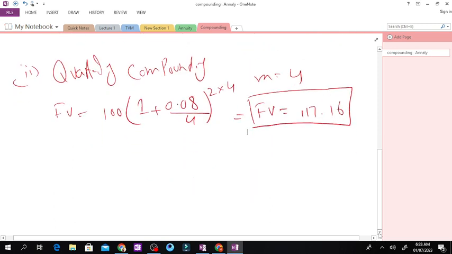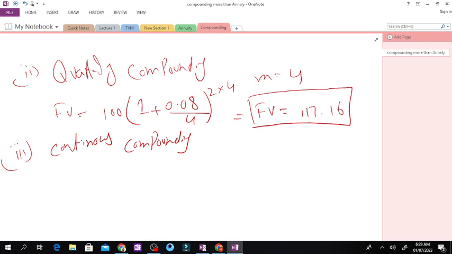So what will be the third case? The third case is continuous compounding. Continuous compounding means you don't have any information on how many times you would receive interest in a year. The idea and the formula would remain the same: future value is equal to present value.